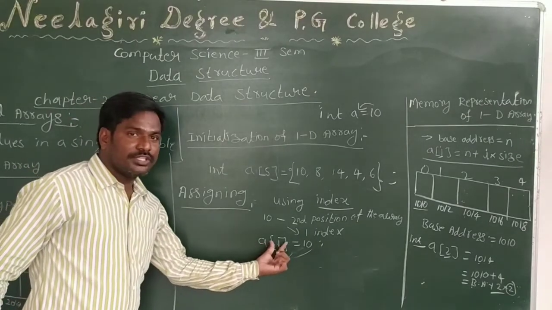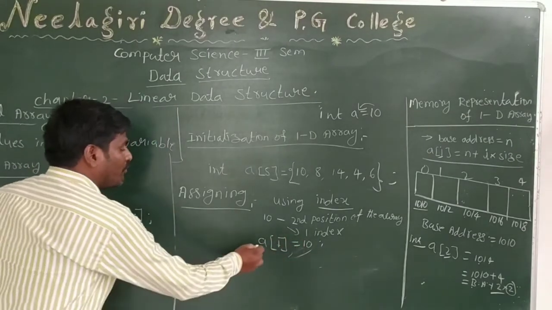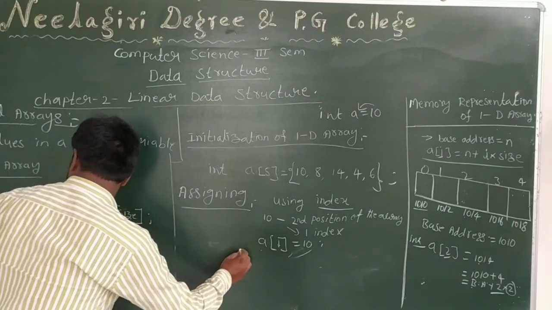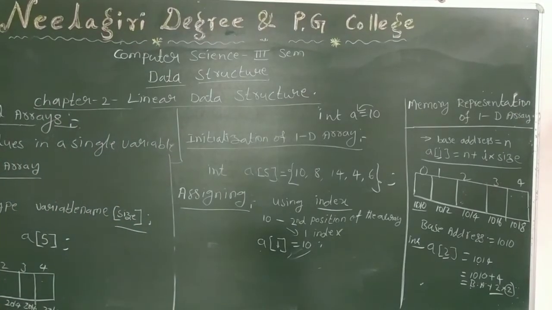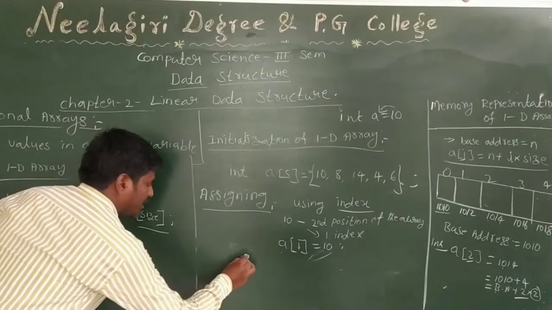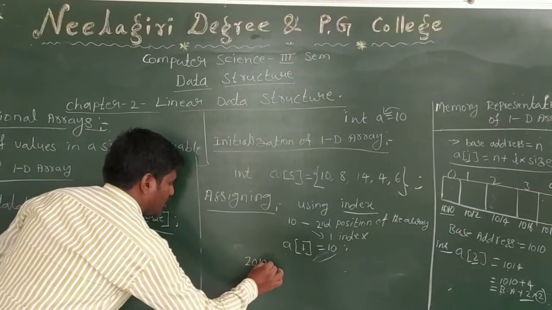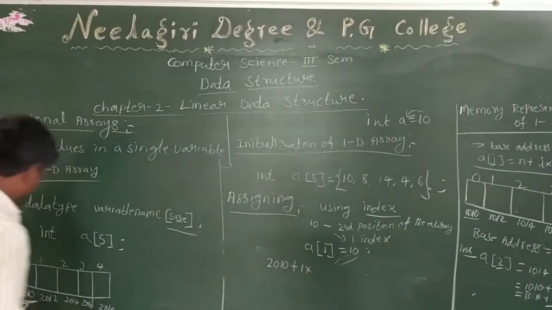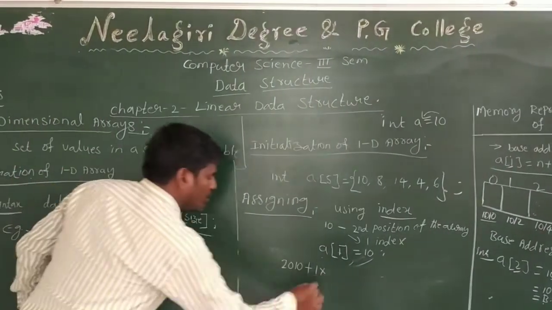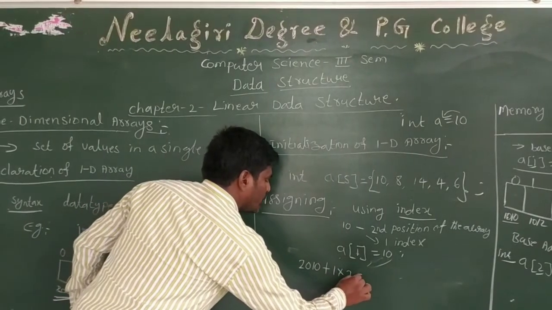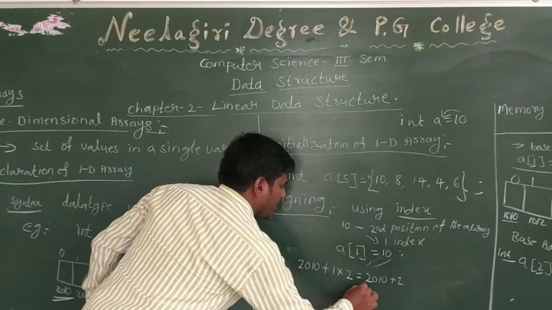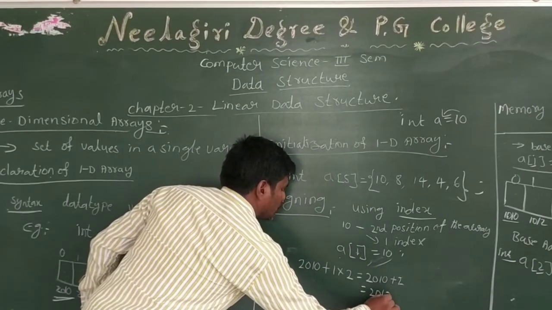Whenever A of 1 is equal to 10, the compiler already knows that the base address is 2010. Base address is 2010 plus I value 1 into, A is an integer variable, 2. So automatically 2010 plus 2 is equal to 2012.